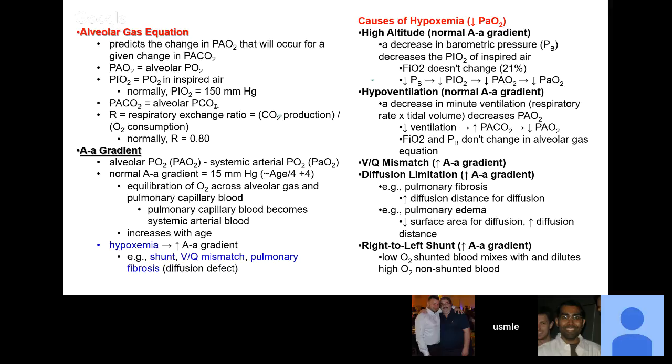Imagine you have a spot that has fibrosis, another spot that does not have fibrosis, another spot that has fibrosis. The gas needs to use the areas that are not fibrotic as much as possible to maintain a certain value. This is why the gradient is going to be higher, because they're going to use those areas as much as possible.